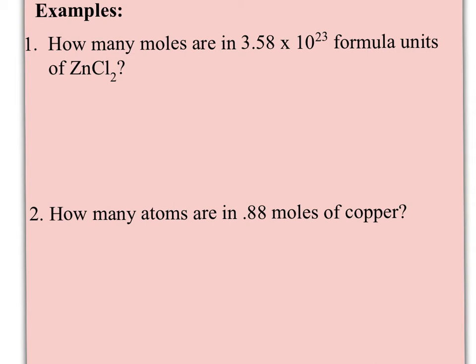And if you want to put this in parentheses, you can, because we're multiplying all 3 terms here. It doesn't matter. I'll let you decide if you want to be consistent and always use parentheses. But 0.88 times the 6.02 times 10 to the 23rd is going to give me 5.3. I'm just going to keep 2 sig figs since I only had 2 here. 5.3 times 10 to the 22nd atoms.